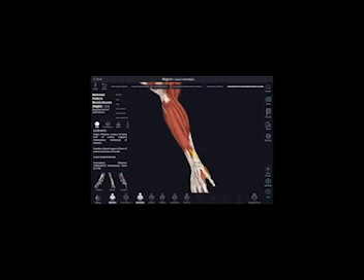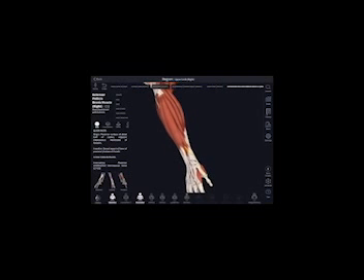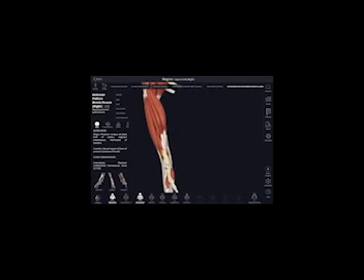Next, I want to introduce you to the outcropping muscles. The outcropping muscles are the ones that go to your thumb and produce movement at the thumb, but they originate from the posterior aspect of your forearm and wrap around and come down to the thumb.